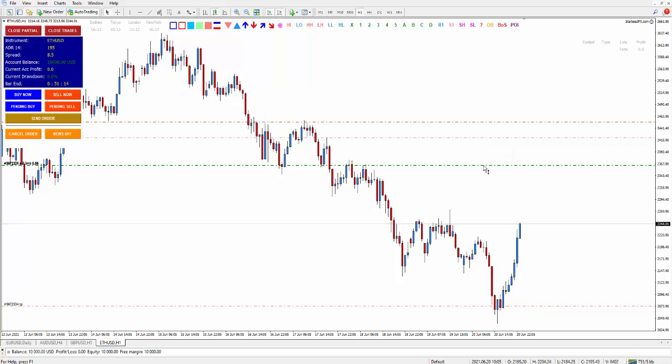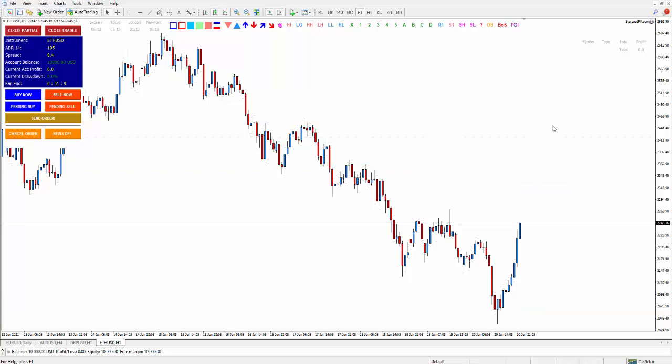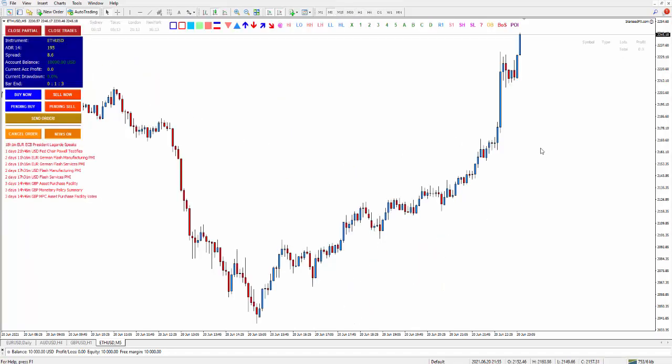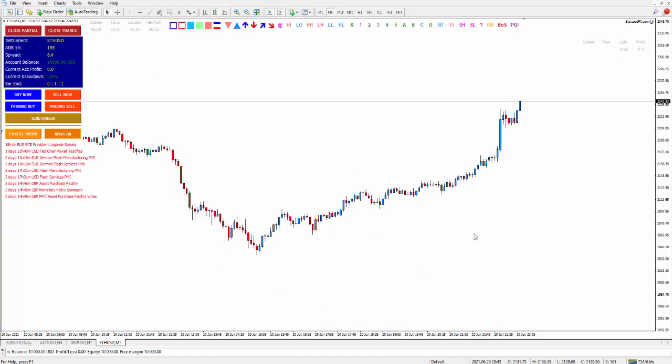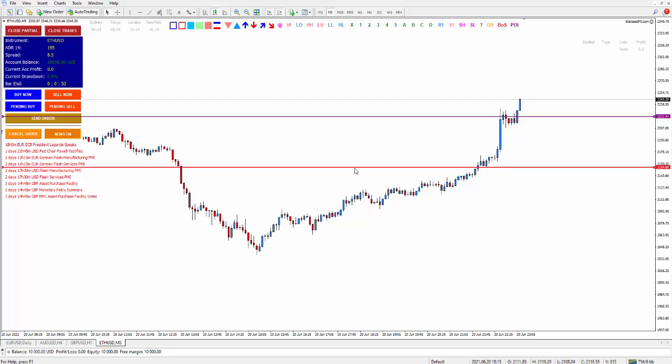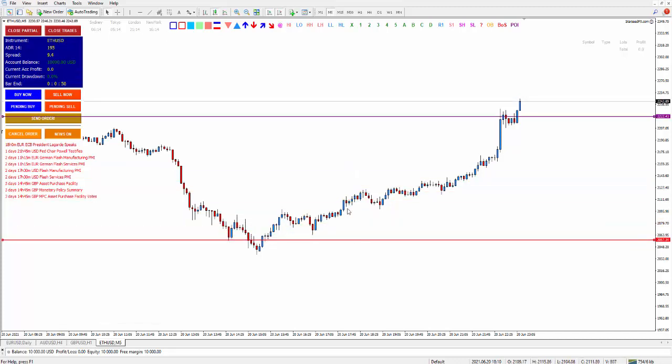Okay? So here I'm going to show you another example. I'm sorry I cannot move to another pair because the market is still closed, but if I go, for example, to M5, and let's say this is my order block, just for the sake of example, I will put a pending buy, for example, in here.